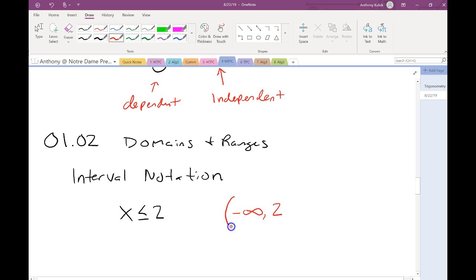So to indicate that it's not included, we're going to use a parenthesis. If I look at the set x is less than or equal to 2, is 2 included in that set? Yes, because it's an or equal to inequality, so I'll use a bracket. So the parenthesis is for not included, and the bracket is for included.